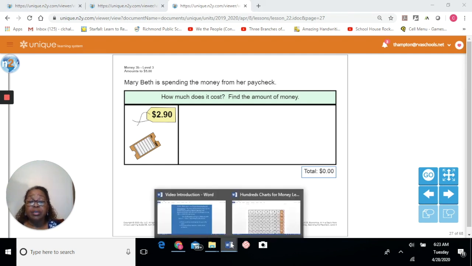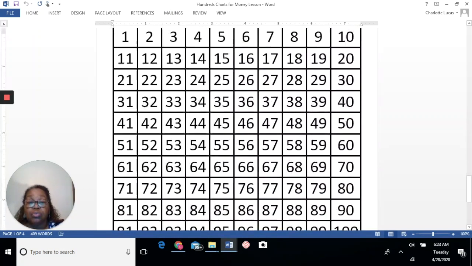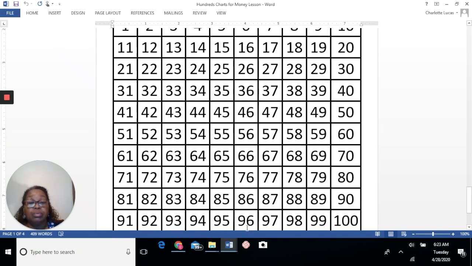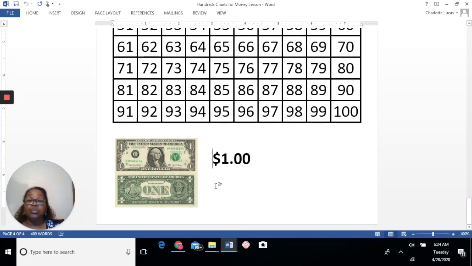We're going to look at our chart again because remember, a chart helps us to have a visual in our brain so that when we go to the store and we're thinking about how much money we're going to spend, we have it in our brain so that we don't have to pull out the chart. It'll already be there. This is our visual. And we know we're going to start with dollars on the left side of the decimal, our $2.